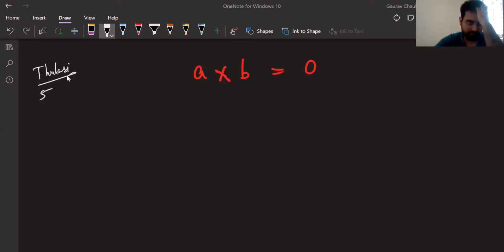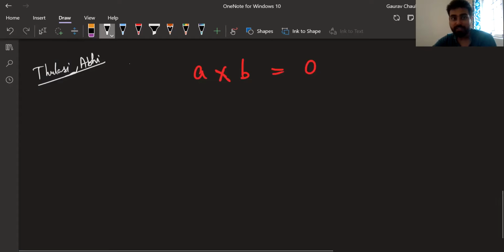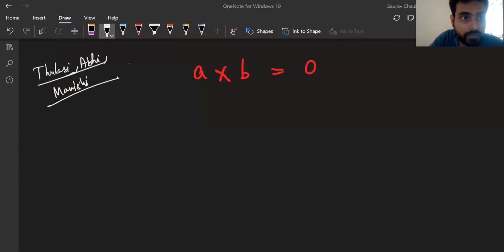Manisha, go ahead and tell. Sir, either A or B, any one of them is zero. So Tulsi answered, Manisha answered, Abhi also answered in the chat box, and Bindu also answered.